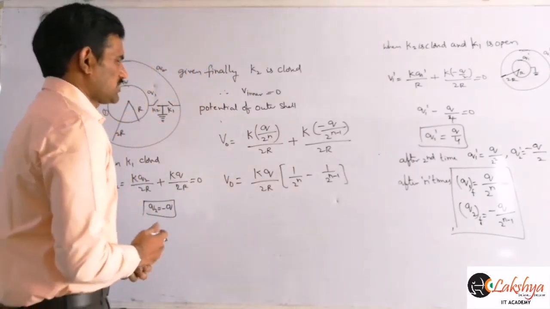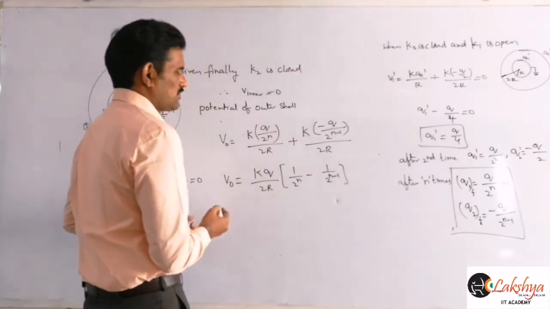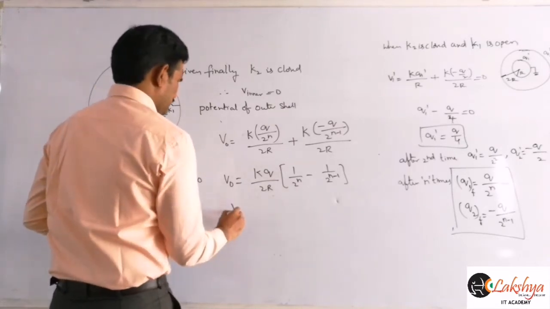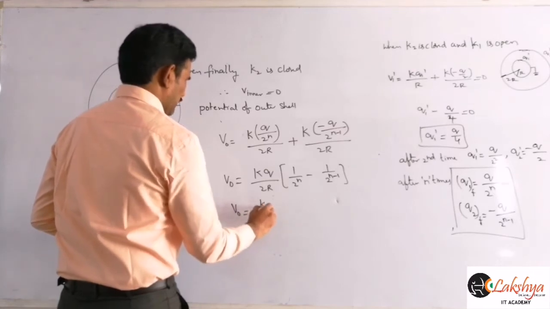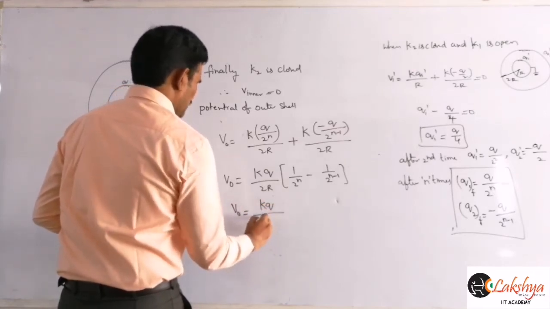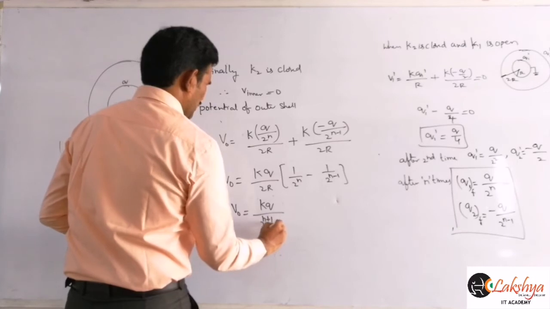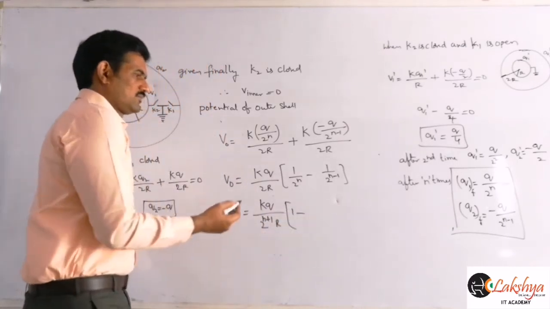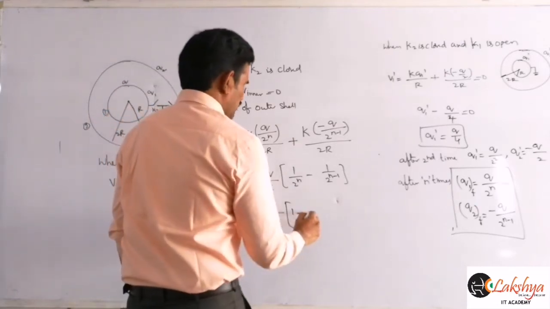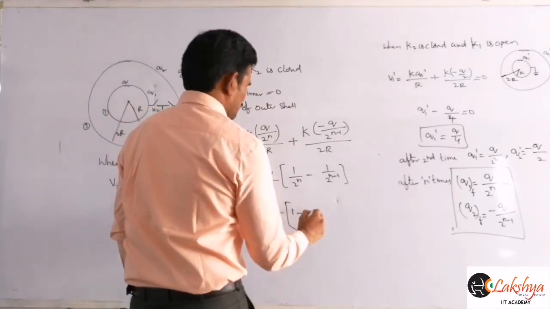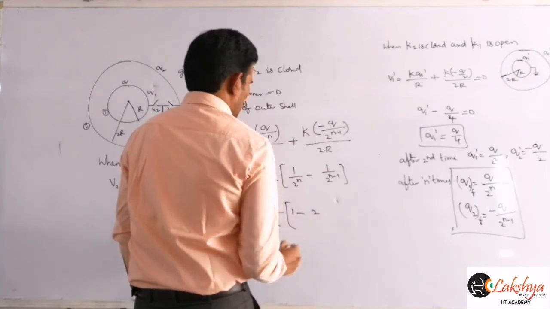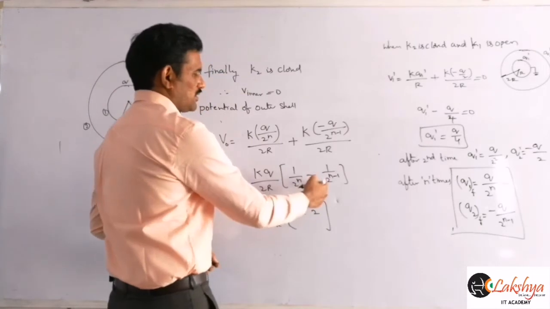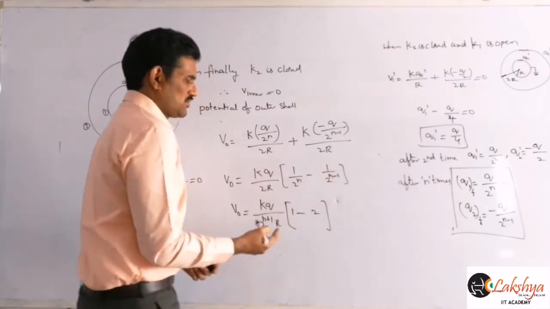So now you can further simplify this. I think I am taking this 2 power n also common. So kq by 2 power n into r, then this value will be 1 and here this value will be 2 you will get here, right? I mean this I can write as 2 power 2 by 2 power n, so that 2 power n we are taking common.